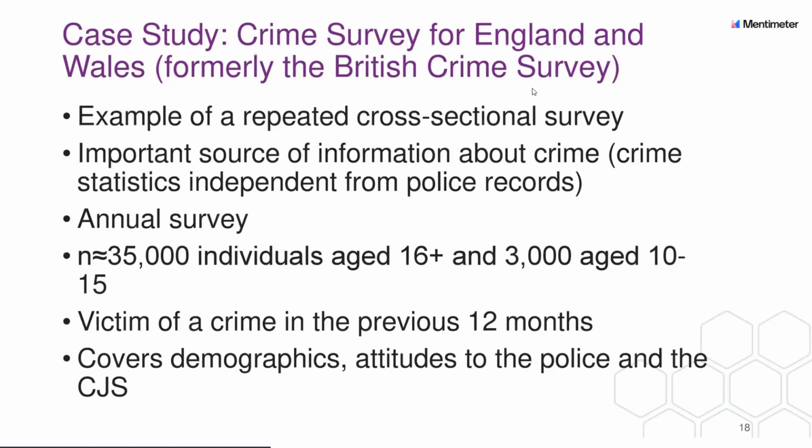This is the kind of source where we get the victimhood information: about young men being more likely to be victims of crime, and about different racial groups facing different experiences of crime and different attitudes towards the police. So it's quite an important survey for criminologists.